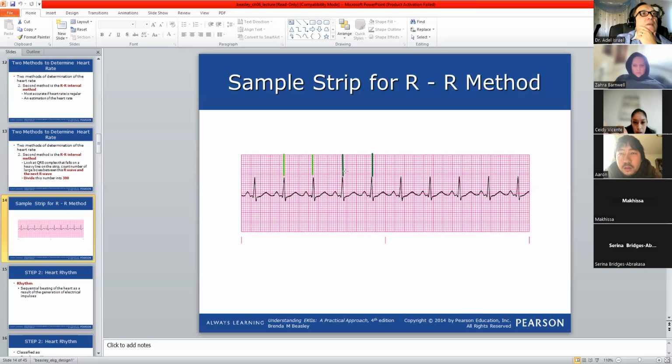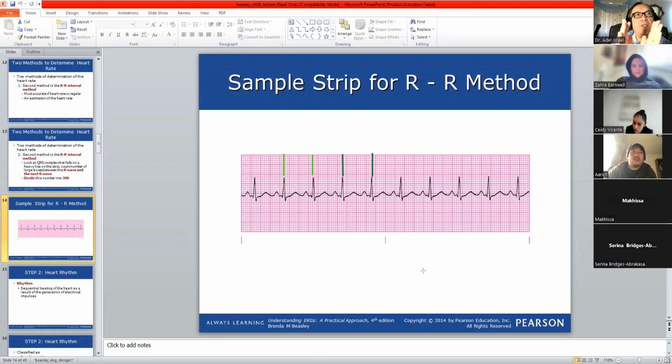Then 16, 17. So the number of small boxes is 17. So what should I do? I have to divide 1500 by 17. I will get a number close to 100, but this is the most accurate. So it will be like 88 something. You got it? 88. Very good.